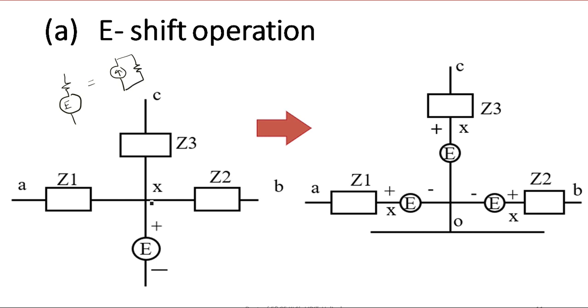But here we don't have the provision to convert this voltage source into a current source. But we can use the basic laws here. We know what is the voltage drop across node X.